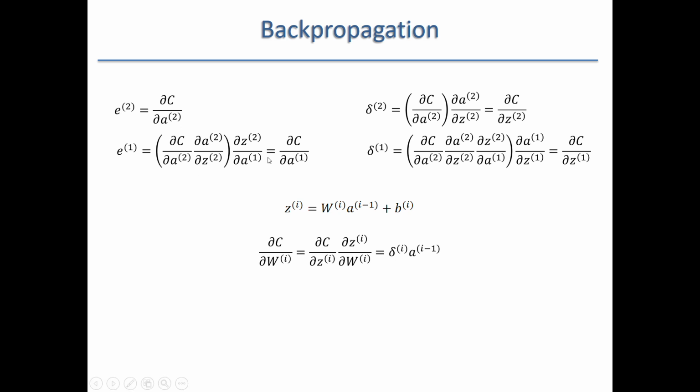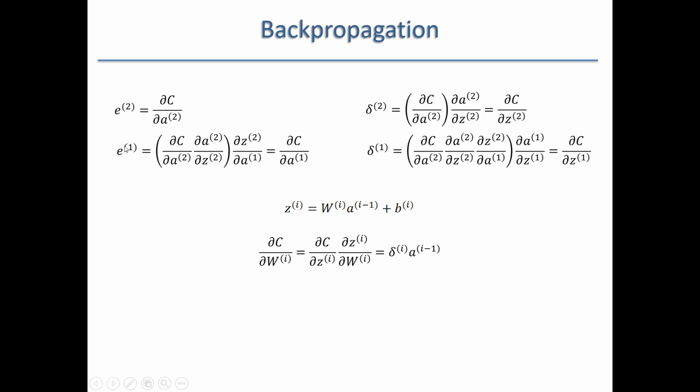But we can also look at the structure of these derivatives. So C with respect to A2, okay, that's clear. But then we have delta, that is C with respect to Z2. But C with respect to Z2 is the partial derivative of C with respect to A2, and then the partial derivative of A2 with respect to Z2. And the same here.